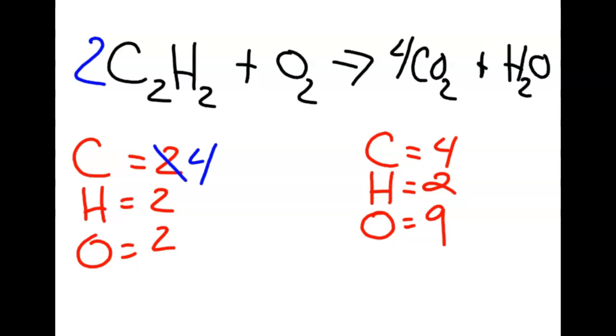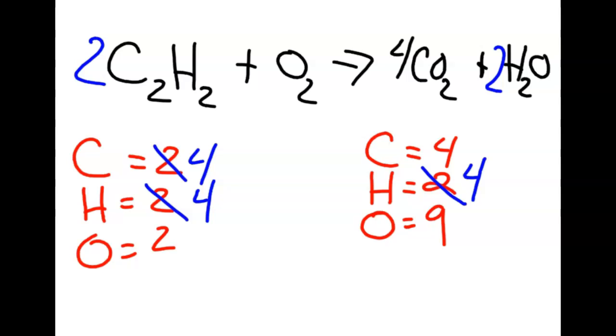The 2 times the 2 for the hydrogen gives me 4 of those. Now my hydrogens are out of whack, so I need to go back to the product side and balance my hydrogens. To do that, I'll put a 2 in front of the H2O. That gives me 2 times 2, which balances my hydrogens.